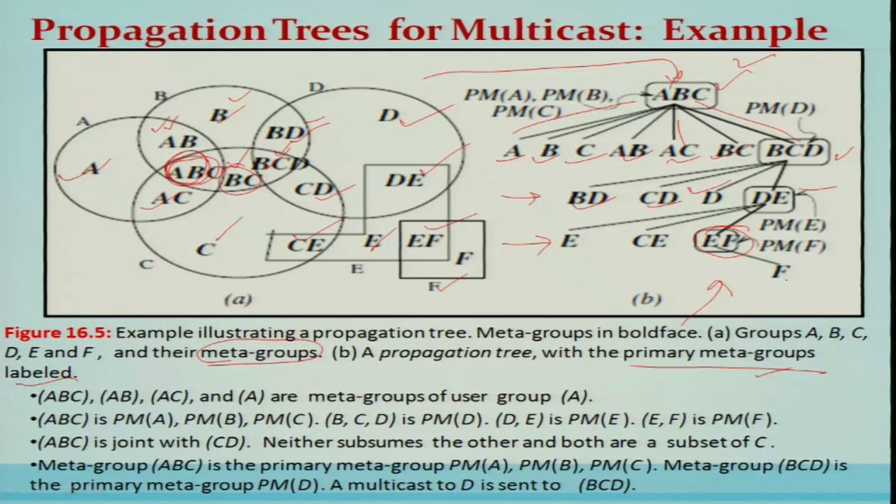If it has to reach a meta group F, it has to traverse through all the primary meta groups till it reaches the primary meta group which contains that meta group. There it will be delivered in that particular tree fashion.